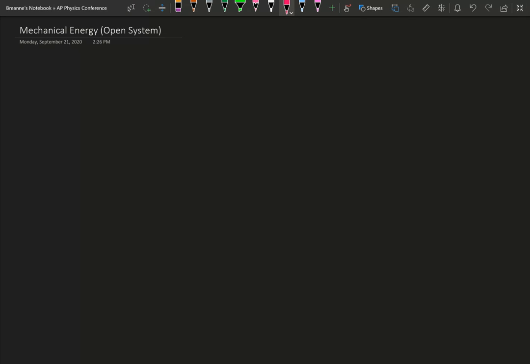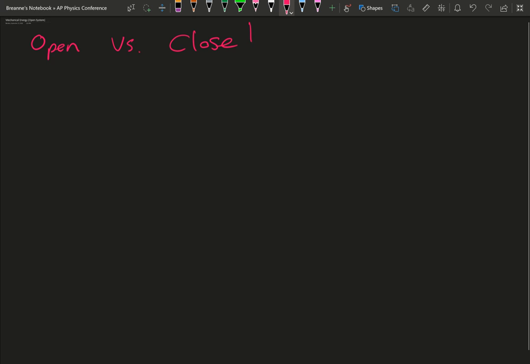An open system is where you have... the biggest difference between an open and closed system, so if we're comparing open versus closed, okay?